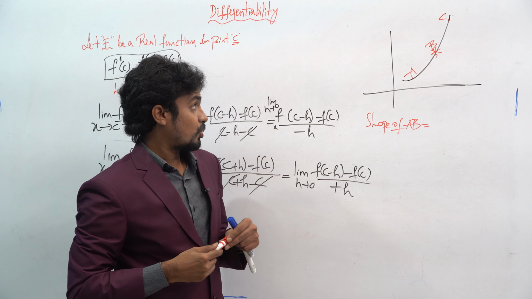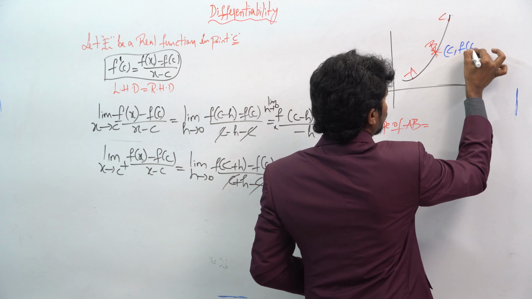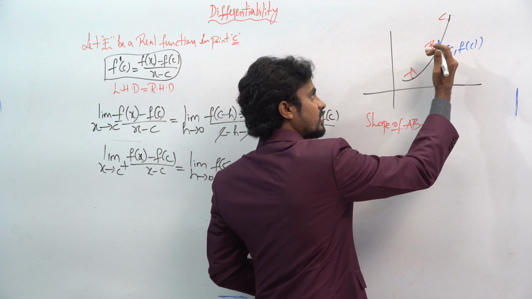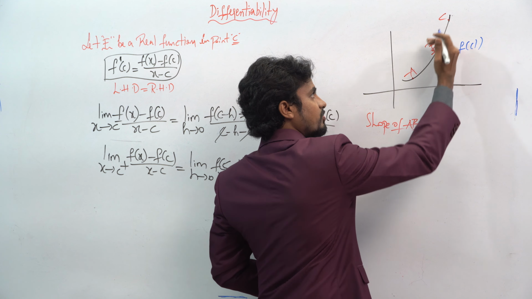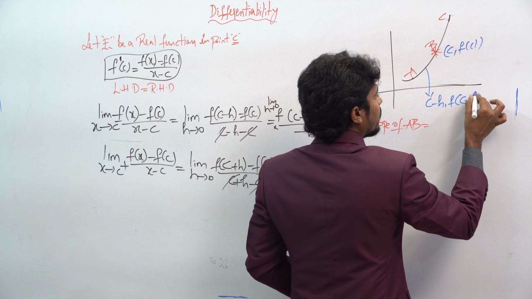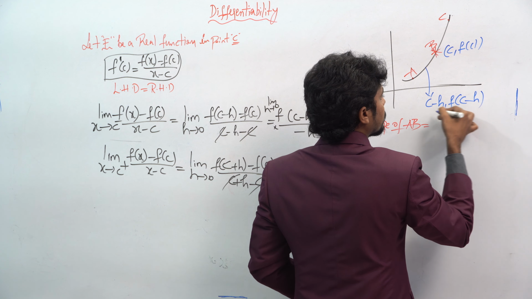So for example, this is the line. Consider two points: the first point is C comma f of C, and here this side is negative and this side is positive. So this becomes C minus h comma f of C minus h, and this becomes C plus h comma f of C plus h.